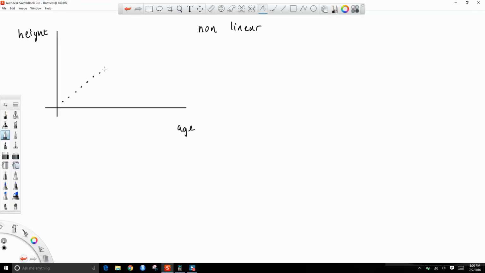As the kid gets older and older, the kid grows taller and taller, okay? So maybe you see something very linear, but as the kid approaches adulthood, you're gonna see someone's height remain the same, okay? And so in this case, a straight line does not work to sum up the entire picture, right? So this is age versus height, okay?